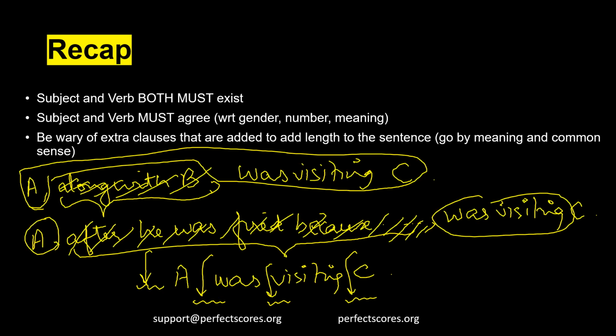So these can be one word each. You can have multiple words, but you should be able to read and understand what is the basic sentence, the skeleton of the sentence behind it. This is something which is a very important skill in sentence correction, and we will observe this once we do these questions later in the class.